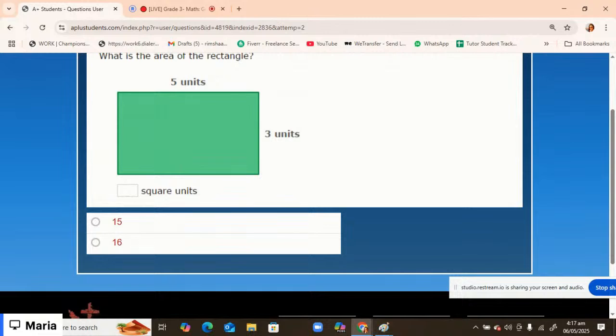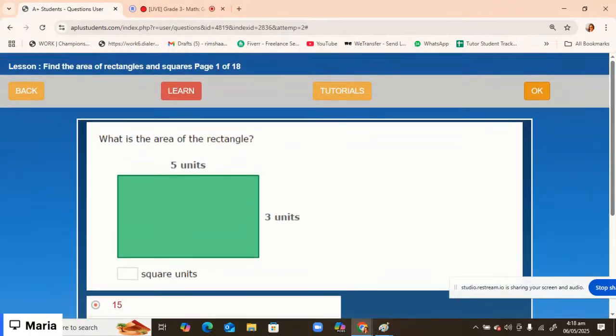Okay, one says it's 15 and the other said it's 6. How is it 6? It's 15. You are right. 5 times 3, because we just multiply and then we get the answer.